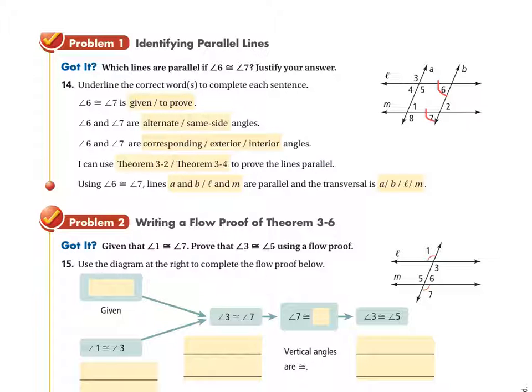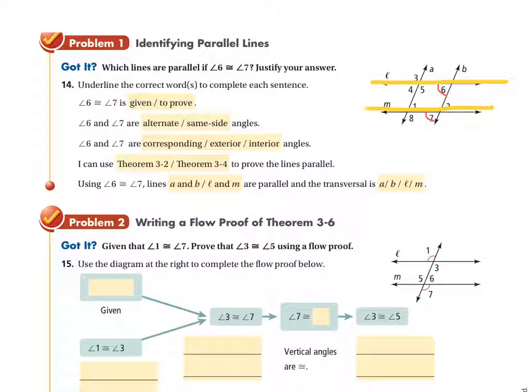The lines that are parallel go with that. I'm going to use a highlighter sort of effect here. This line and this line, line L and line M, are the lines that are parallel. So line L and line M is the Got It answer.